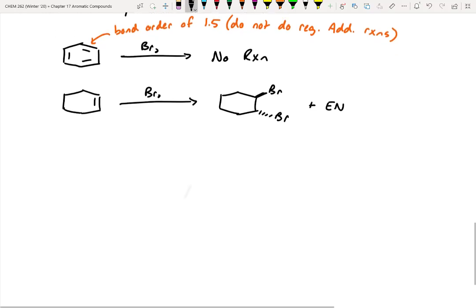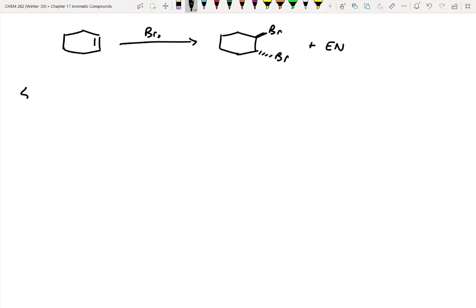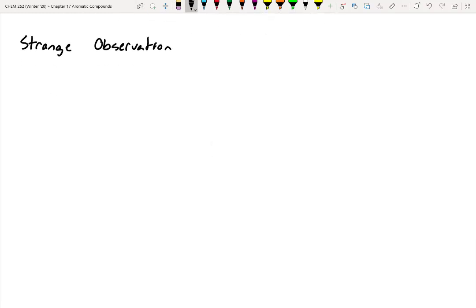All right? Then they also had this really strange observation. And this strange observation was doing similar reactions where they said, all right, well, what if we want to convert cyclohexene to cyclohexane?